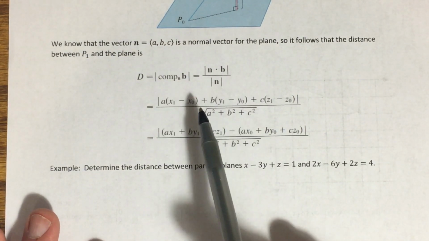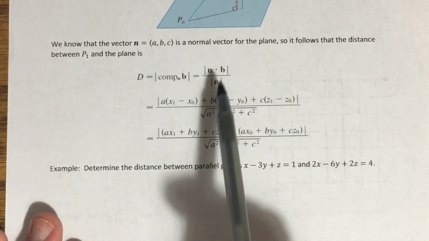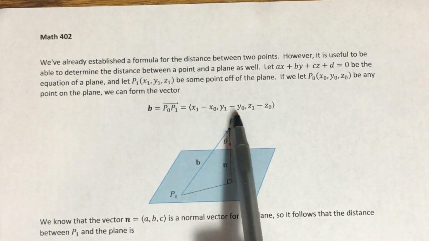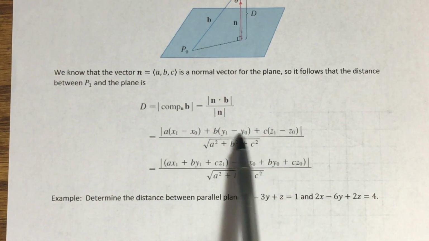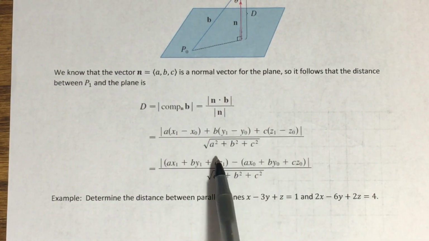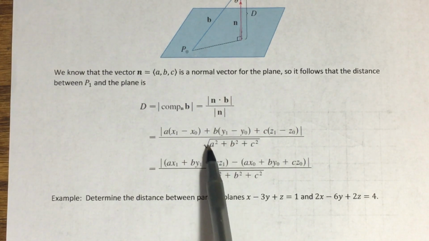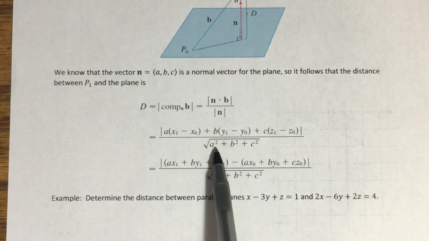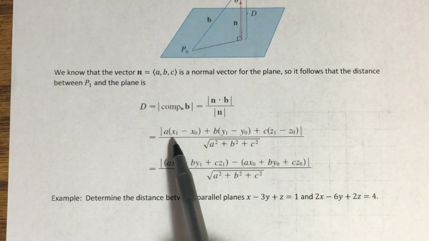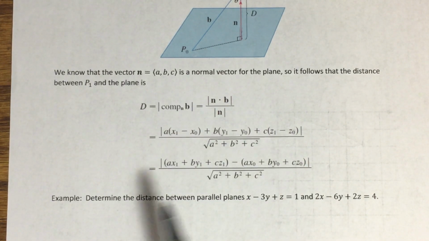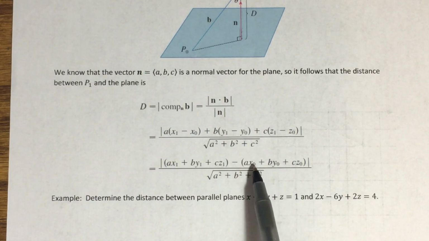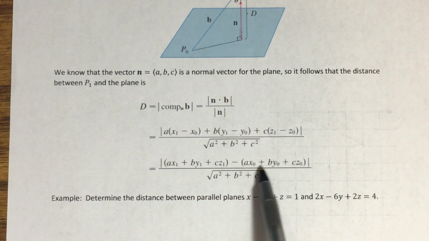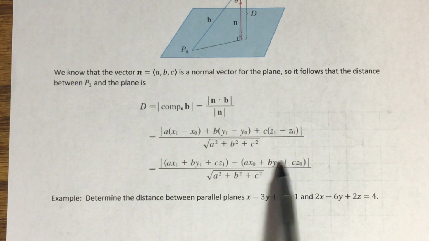What is n dot b? Well, again, if n has components a, b, c, and we figured out what b is all the way up here, that dot product is going to look like this big thing up here in the absolute value bars. The magnitude of n, we have a formula for that: the square root of a squared plus b squared plus c squared. If you distribute the a, b, and c, and then combine the terms that have a 1 as a subscript, and then combine the terms that have a 0 as their subscript, it becomes this.